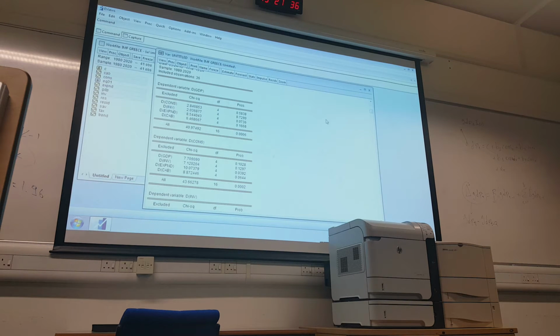Any questions up to this point? These are the 2 steps that you have to follow if you estimate a vector error correction model. Identify what happens with the long-run equilibrium, long-run relationship, and the speed of adjustment to that equilibrium, and run the Granger causality test.